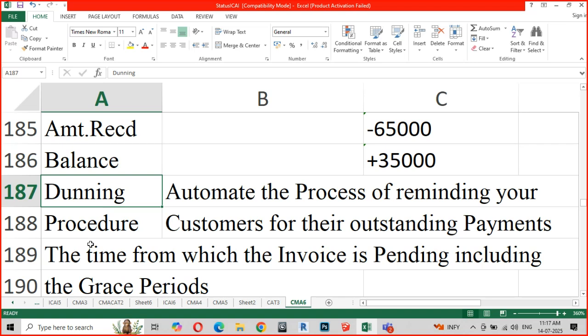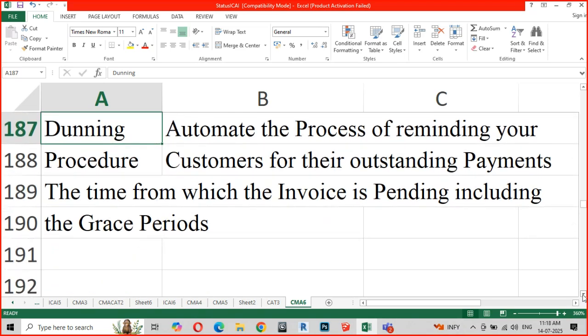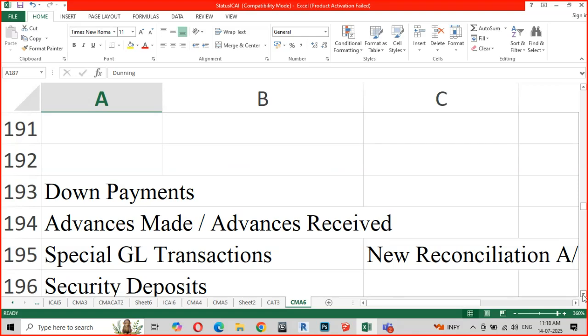Just like in your automatic payment program, where the system considered the discount and the credit time agreed with your vendor, similarly in your dunning process, the same thing should be considered: what is the credit time that you have given your customers?